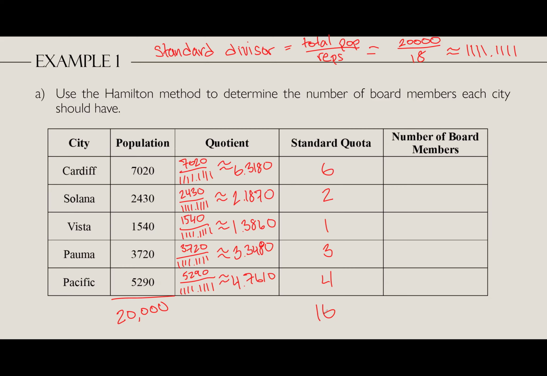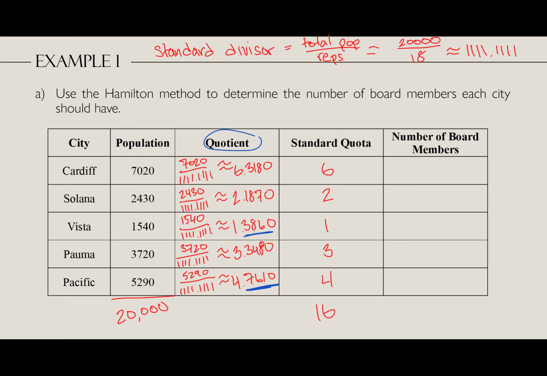From these 5 cities, we look at the top 2 cities with the largest decimal portion. If I look at all 5 of these quotients and their decimals, it looks like Pacific has the largest decimal, followed by, it's a pretty close race, but it looks like Vista is next. So those are the top 2 decimals.